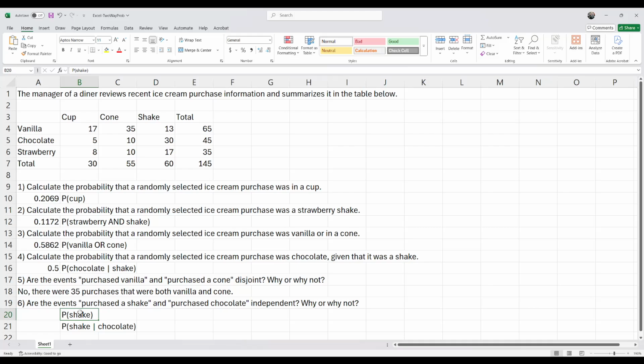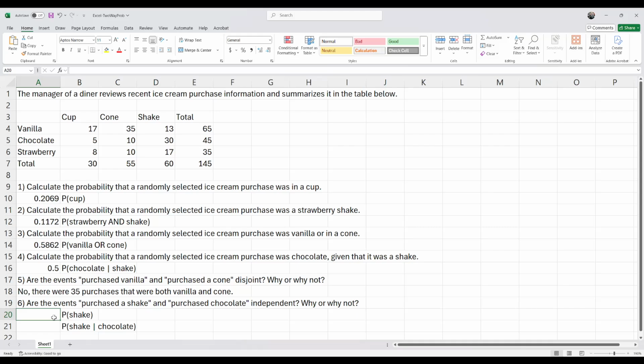Choose one of the events and find the probability of that event happening regardless of the other event. Then double check that same probability, adding on that new information, assuming that the other event did happen. And if we compare those two probabilities, if they're significantly close together, we'd say that they're independent because it looks like there was no difference.